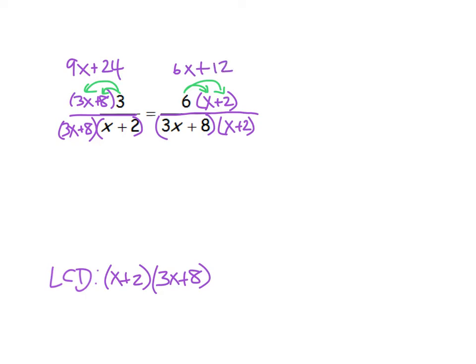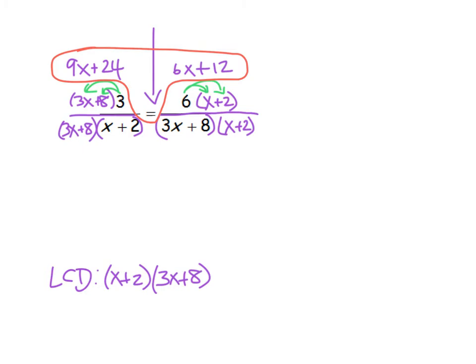Again, this is an equal sign right here, so we've got a fraction set equal to a fraction. Once the denominators are the same, which they are, all we need to do is solve the equation that exists in the numerator. We don't have to pay any attention now to the denominators.